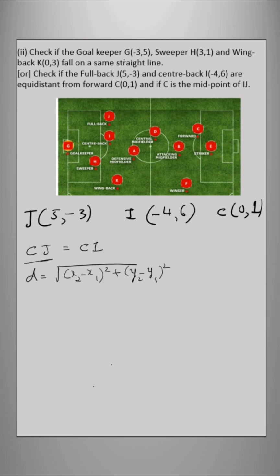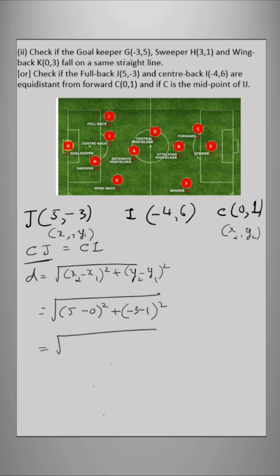Let this be x1, y1. Let this be x2, y2. Then distance CJ is (5 minus 0) the whole square plus (negative 3 minus 1) the whole square, that is equal to 5 square 25, minus 3 minus 1 minus 4, 16. 25 plus 16, what is it? Root of 41.